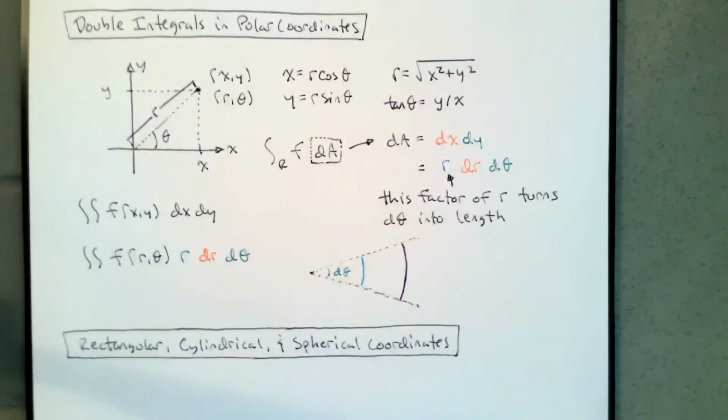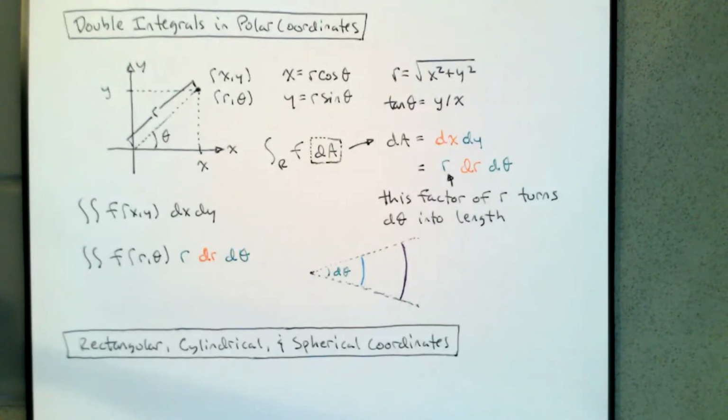Now, these three systems are for R3, for three-dimensional space. Rectangular coordinates are the ones that you're familiar with, x, y, and z. Let's talk about cylindrical coordinates.